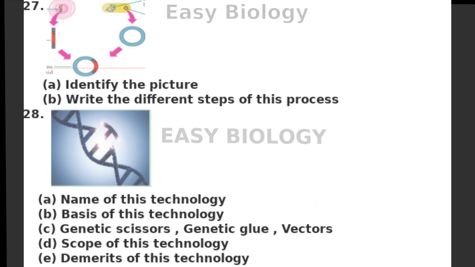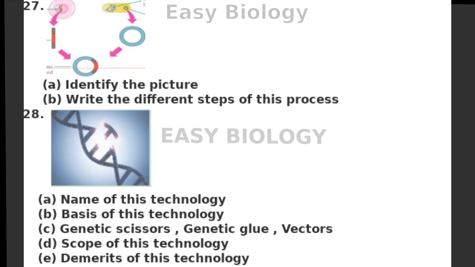A gene from one cell is transferred to another cell by using vectors. Vectors contain the ligated genes and they enter into the target cells. Examples of vectors: plasmids in bacteria. Question 28d. Scope of this technology.